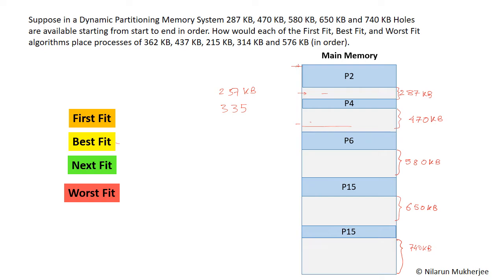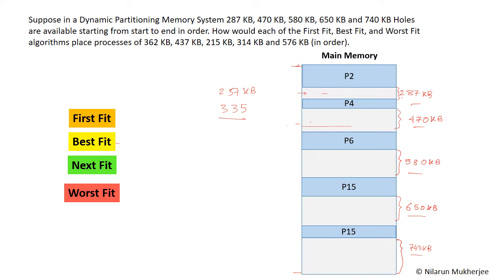In the best fit, it will start searching from the beginning, and it will have to search to the end to find the most appropriate hole to fit the process, that is the hole that is just large enough to fit the process. So it will search starting from the beginning, 287, 470, 580, 650 and 740.